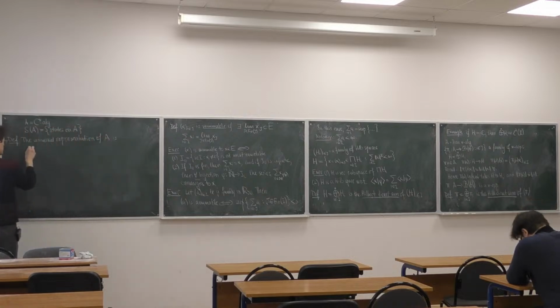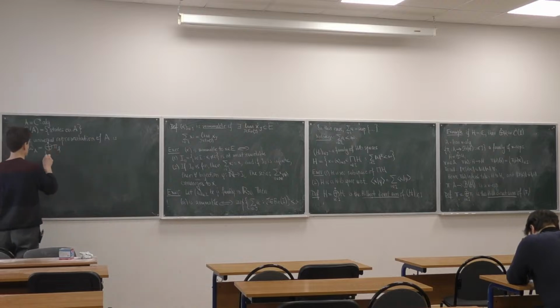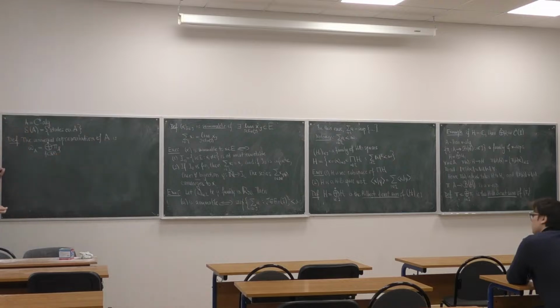We denote it by omega_A, and this is just the Hilbert direct sum of the GNS representations pi_f taken over all states f on A. So we simply take the Hilbert direct sum of all GNS representations.